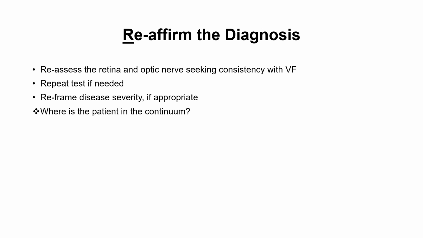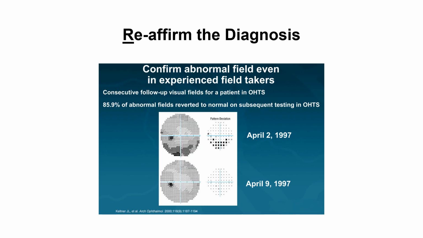You know that 85% of patients with abnormal fields in the Ocular Hypertension Study turned out normal after retesting. So please repeat the test if needed and reframe the disease severity if appropriate. Always reaffirm the diagnosis and confirm abnormal fields, even in experienced field takers.